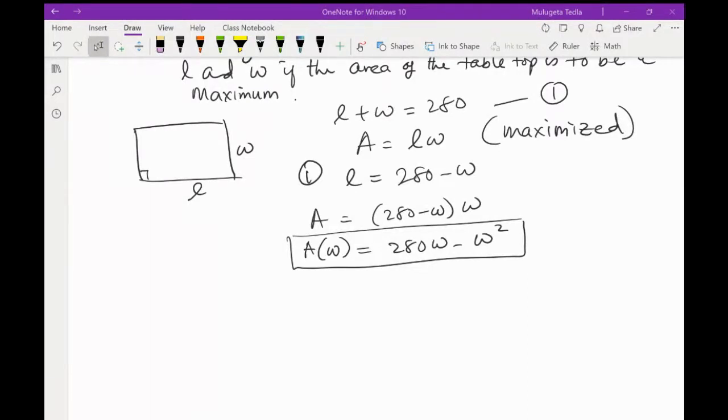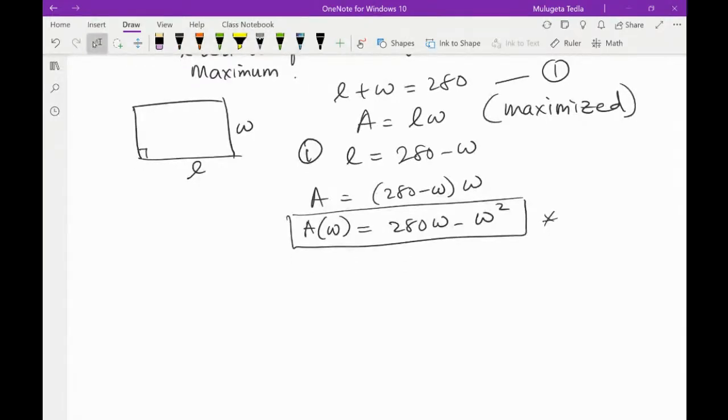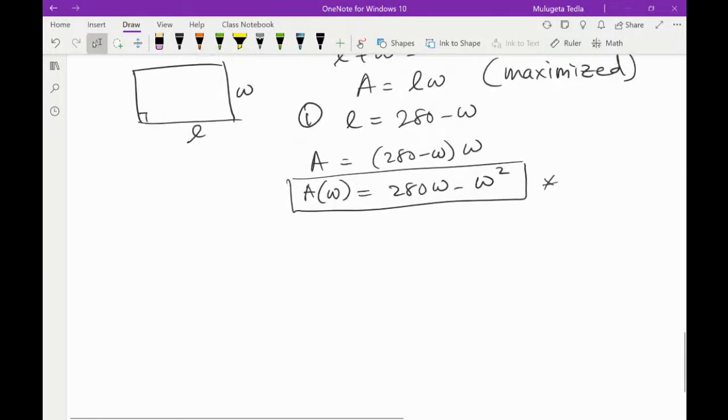You solve for one variable from the first equation and plug it into the second equation, which is what they are asking you to maximize or minimize. That would be your equation. Now to maximize this, find the derivative, set it to 0, get the critical number, test it, and then make a conclusion. That's what maximization or optimization is.